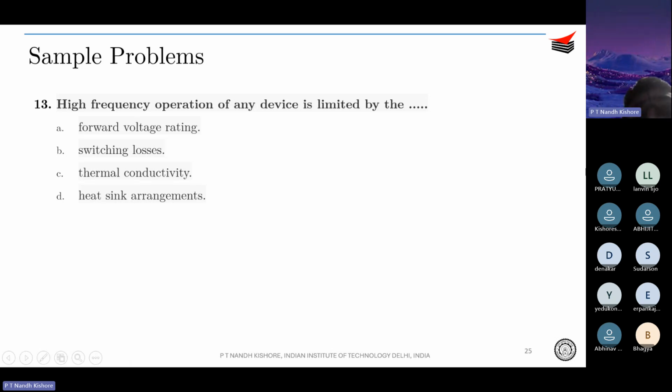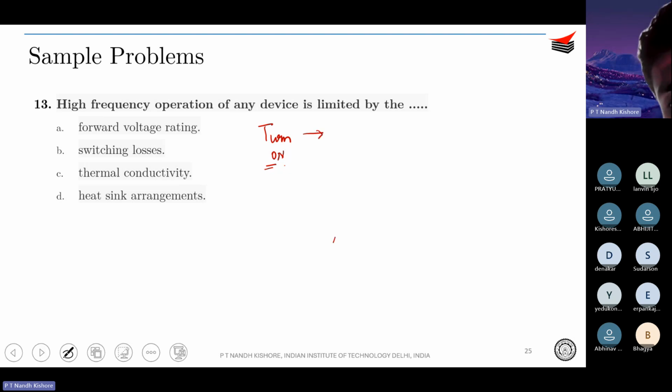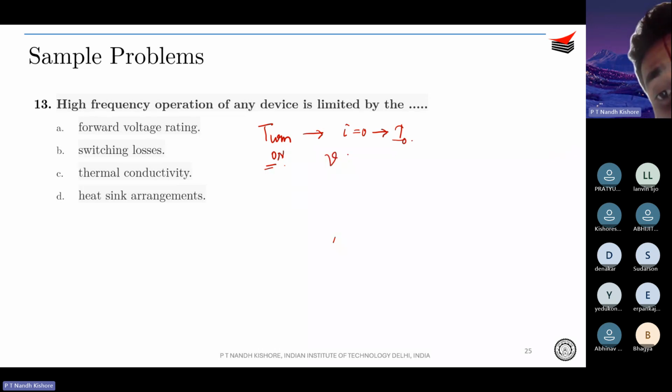As I was explaining earlier with the MOSFET turn on and turn off, ideally, during turn on, the current goes from 0 to whatever the load current I naught is, and the voltage across the device falls from whatever forward voltage it was blocking to 0.